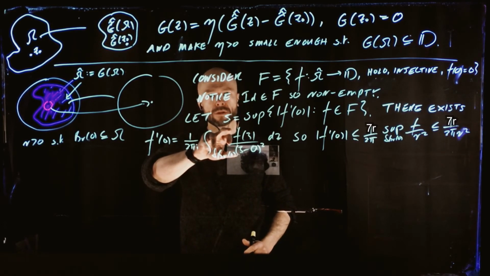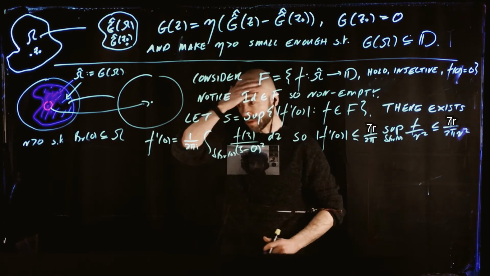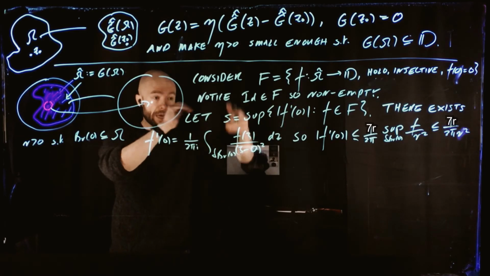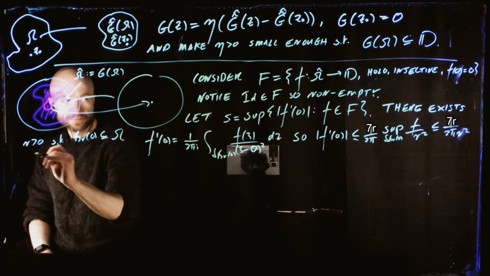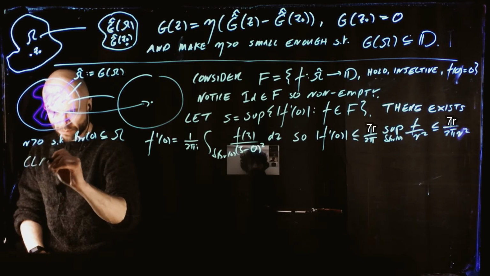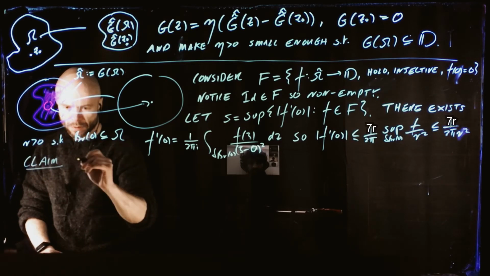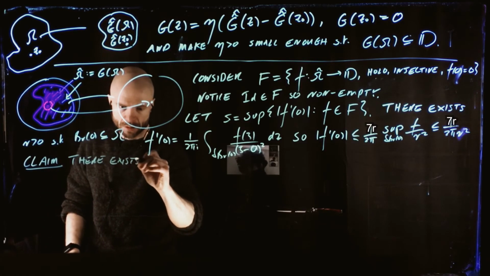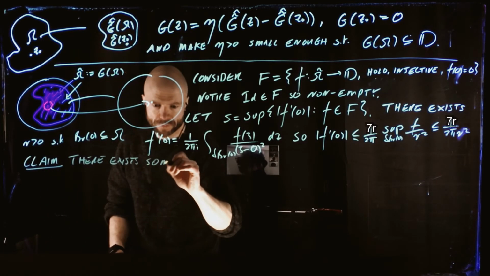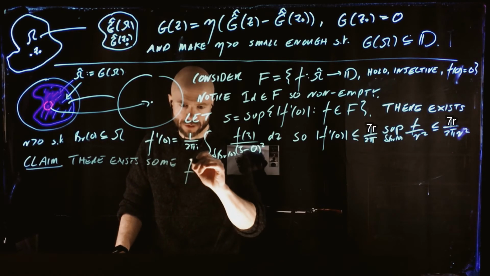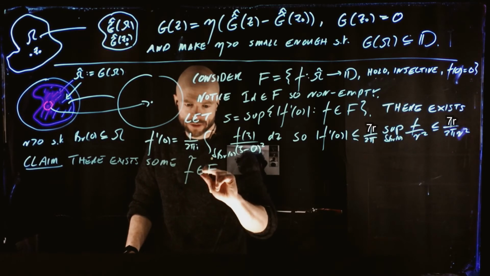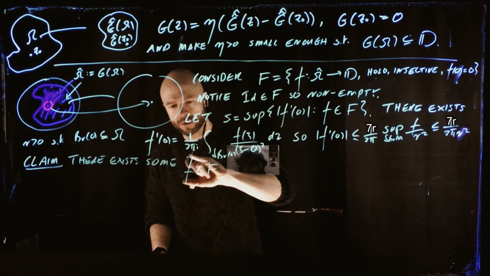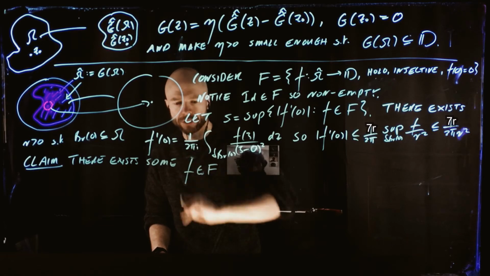Cool. All right. So our claim is that we can actually find something that achieves this. Claim: there exists some f tilde belonging to our function class F. Actually, I'm just going to call it f because we're going to need it later and it's going to come up so much.